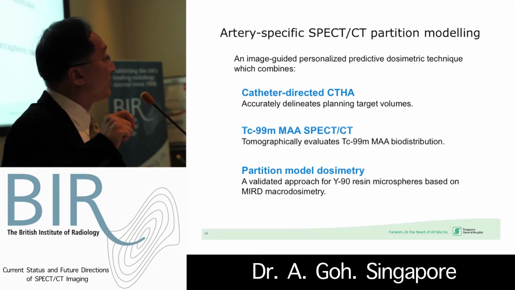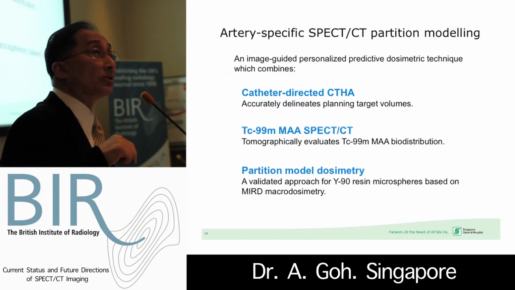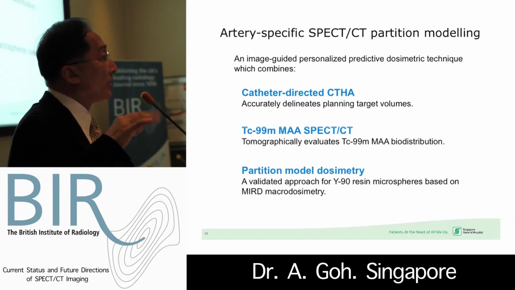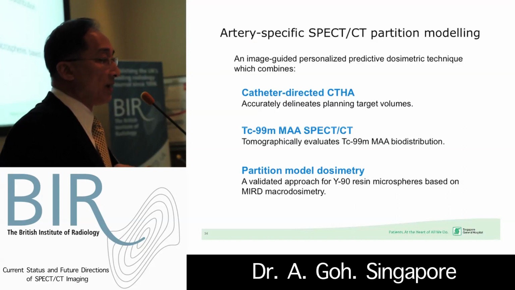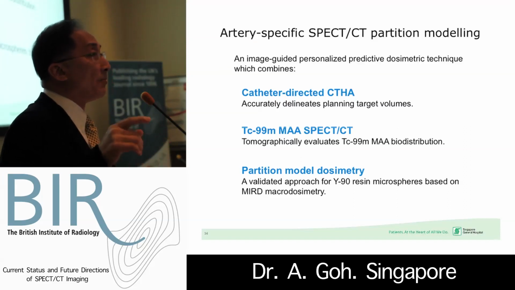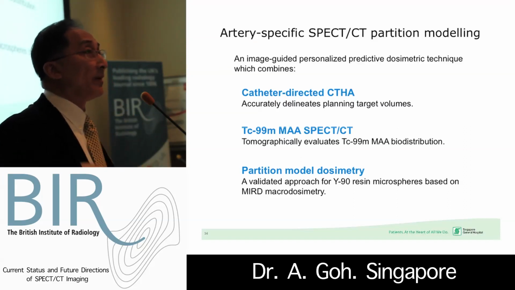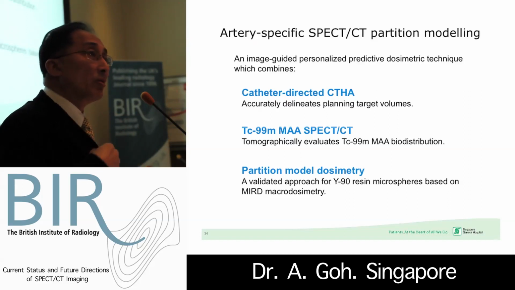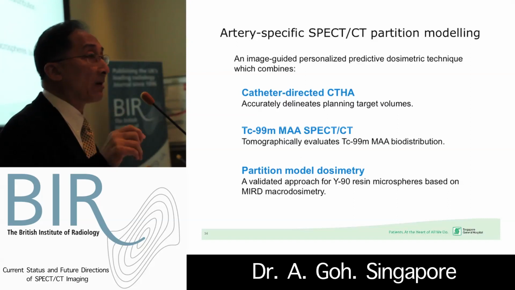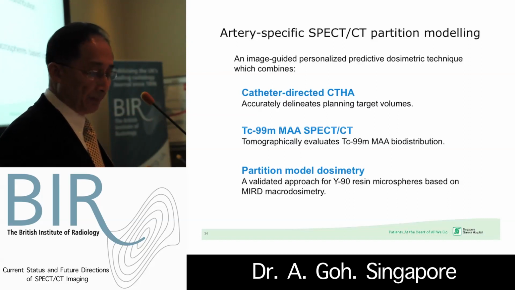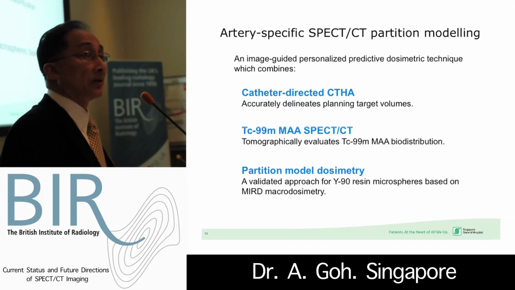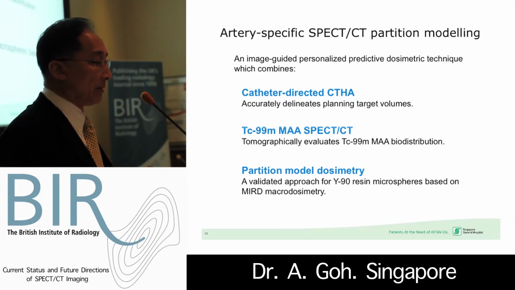This is the CT scan done in the angiography suite for each vessel that is selectively injected with contrast. And we combine that information with our MAA study to identify each of the vascular territories, which we hope to divide our yttrium dose into, and to calculate the dosimetry for each vascular territory. So that is what we call the artery-specific SPECT partition modeling, which is based on this MERD approach.